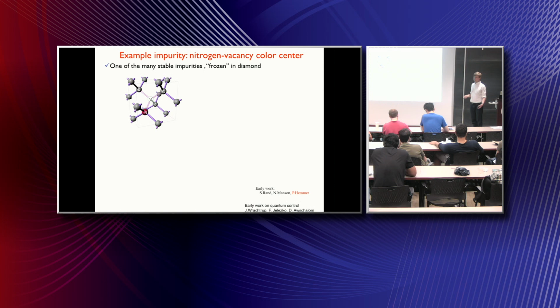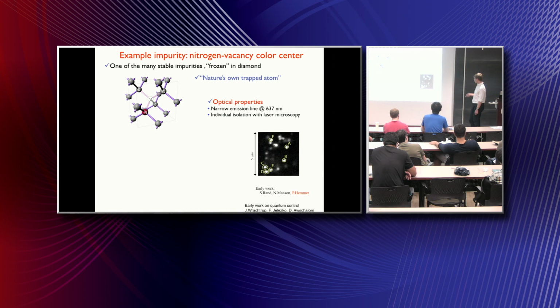I talked yesterday about real atoms, and the way we detect those atoms is by taking a picture, by looking at how they fluoresce. The same thing can be done here. If you look at a reasonably clean diamond sample under the microscope, you will see bright spots like this.